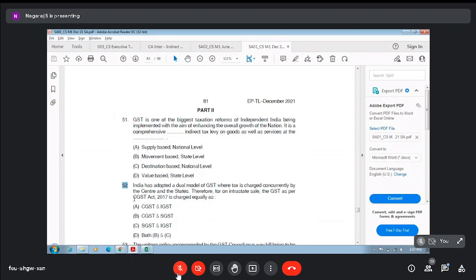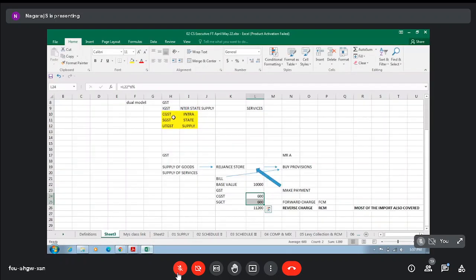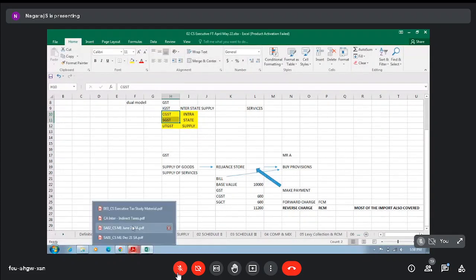Okay. Second, 52. India has adopted a dual model of GST where tax is charged concurrently by the center and state. Therefore, for an intrastate, if you guys remember intrastate, what I have written? CGST, SGST, UTGST.